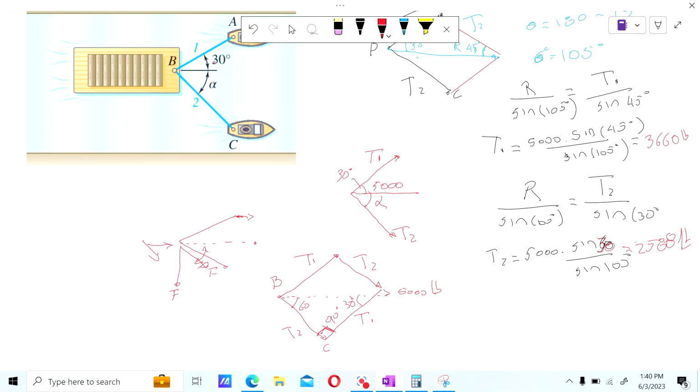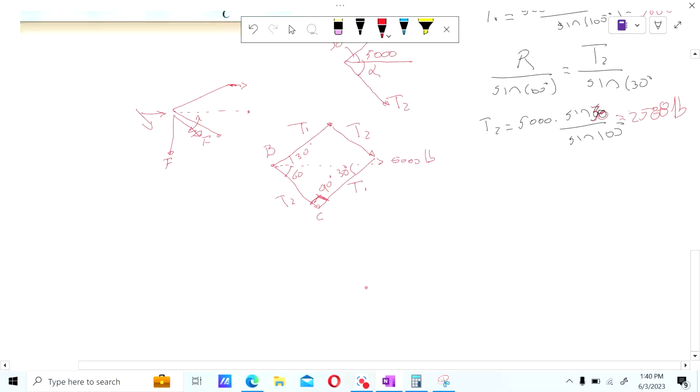So if they ask us what is the minimum degree angle that we can use for A and B, it would have been 45 here and 45 here. Therefore 90, 90, 90, 90. But this one was fixed at 30. So that means that this has to be 60 and that has to be 30.